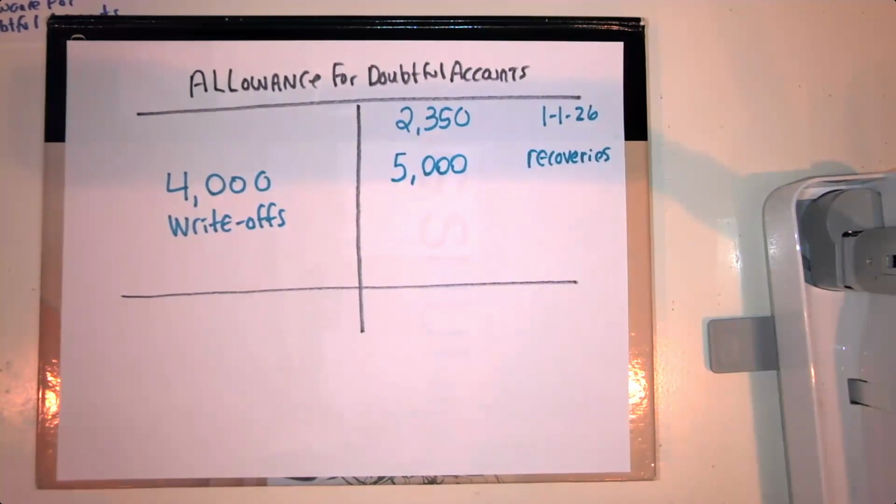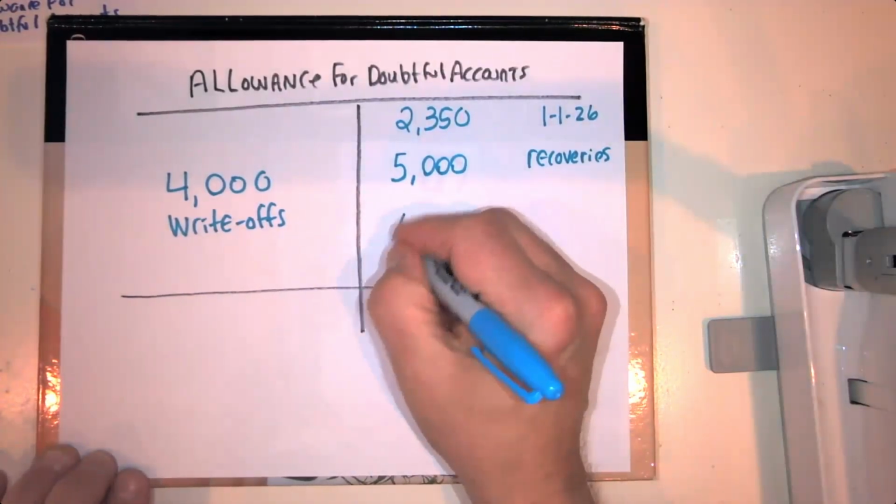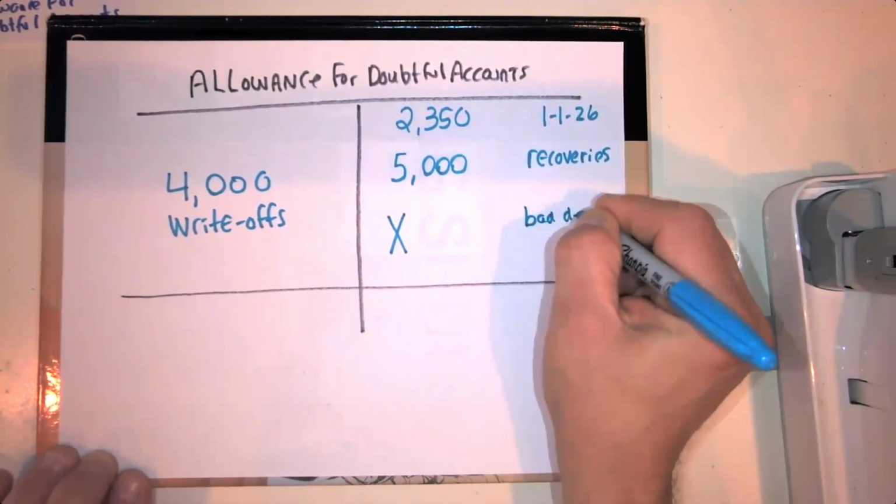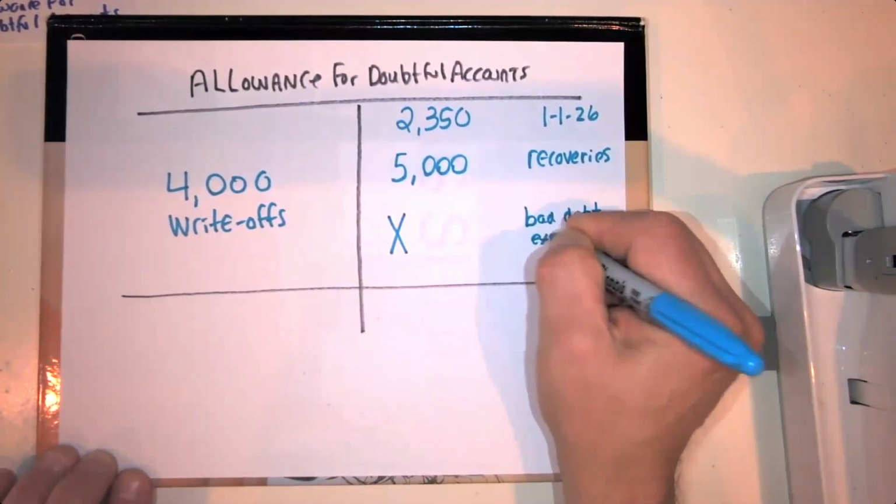On credit, of course. We know the other increase to the allowance is the bad debt expense. We don't know what that is yet. That's what we're trying to solve for, which is why Casey said make that an X. That's our bad debt expense here.